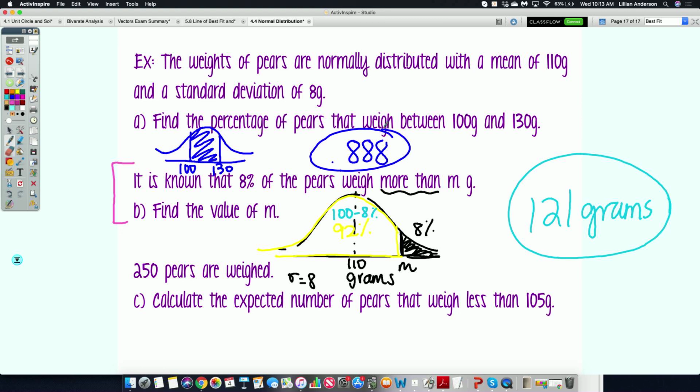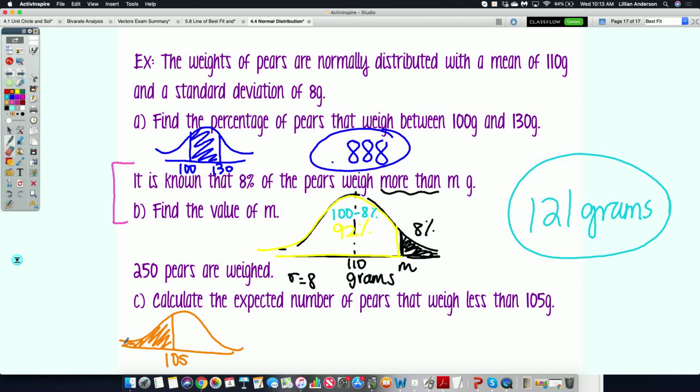Now for the last problem, it says 250 pears are weighed. You have to calculate the expected number of pears that weigh less than 105 grams. For this, remember expected value, you have to determine what the probability is first and then multiply it by your actual number. So 105 grams is here. We want to see if they weigh less than that.